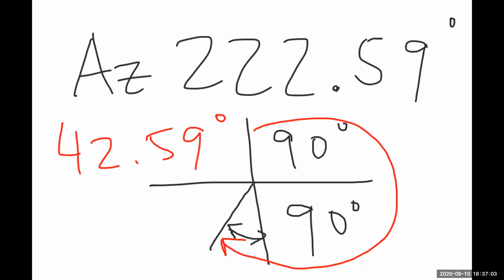So your bearing always has to be 90 degrees or less, depending on the quadrant that you're in. So we reduce this to 42.59 because we know we start at north, rotate clockwise. We have two quadrants that we've gone by completely, which is 180 degrees, 90 plus 90 is 180. So 180 from 222.59 is 42.59.